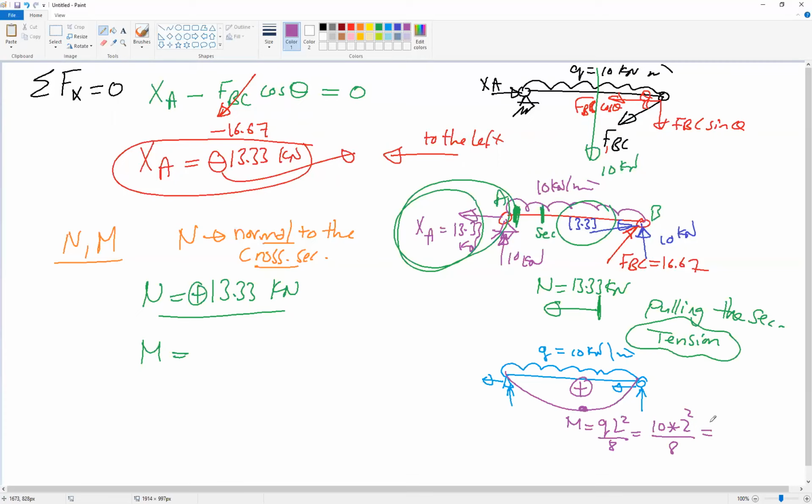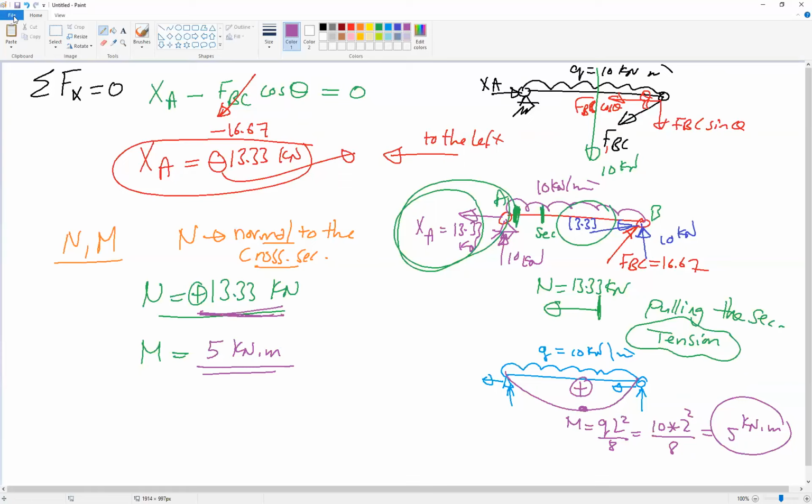This gives us a moment of 5 kilonewton meter. So this is our moment. Now we know that we have a moment equal to 5 kilonewton meter and a normal force of 13.33.